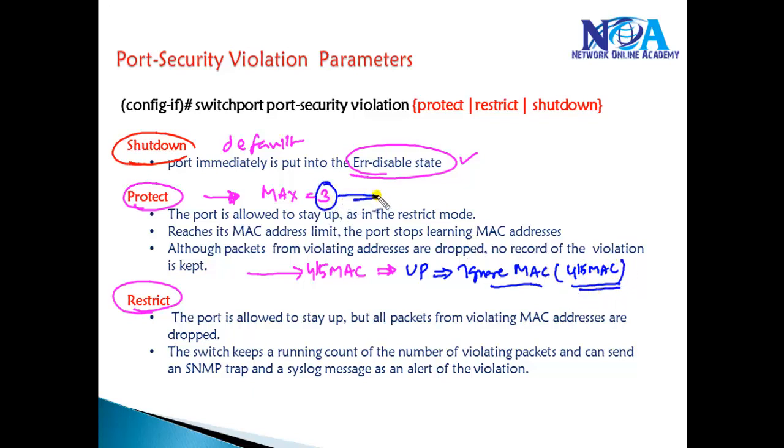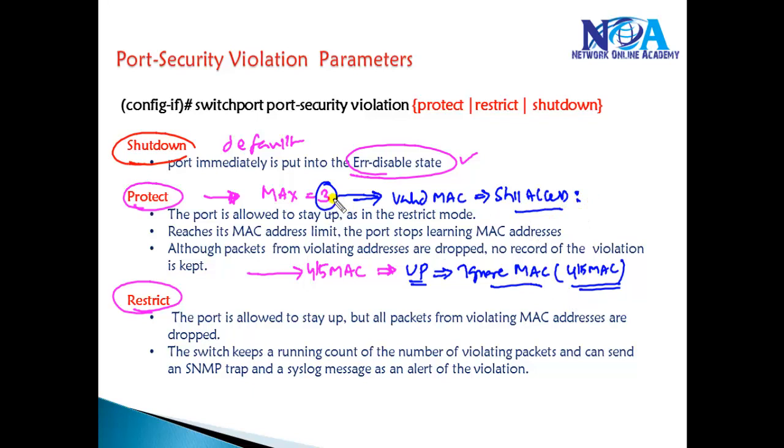But the remaining 3 valid MAC addresses, the ones initially learned, will still be able to access the resources. When a new, fourth MAC address is learned, it will not be able to access the resources in the LAN.